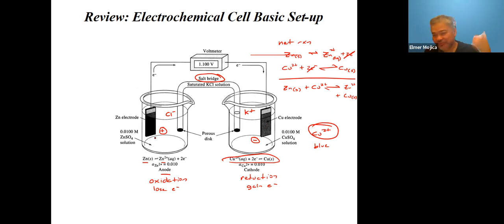Kung inallow mo lang siya mag-proceed, let's say you leave it for a day or for a week. So if that happens, you will see that after some time, your zinc metal is gone. Wala na siya, magpa-transform na siya sa zinc 2+. Tapos yung blue color solution mo ng copper magiging lighter, and you will see that there's a shiny brown color doon sa surface ng copper electrode.